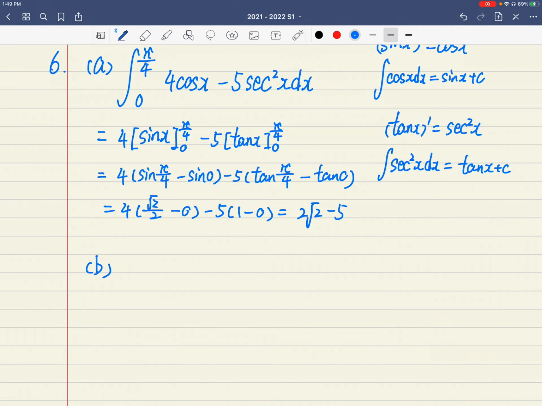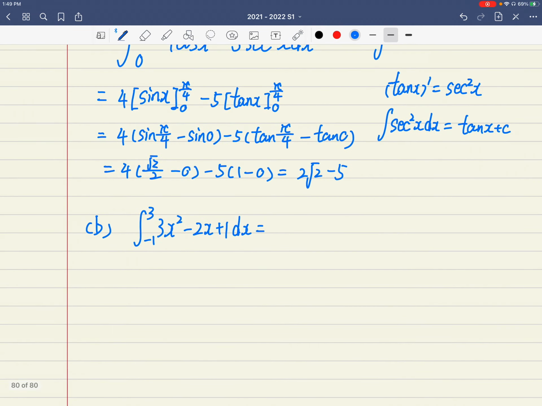Second question. You integrate a polynomial from -1 to 3 dx. For a polynomial, for example, if you differentiate x to the power of n, what do you get? It's n x to the power of n minus 1.